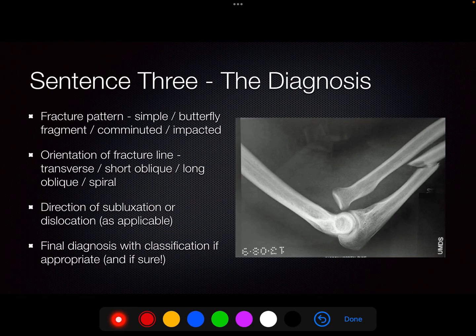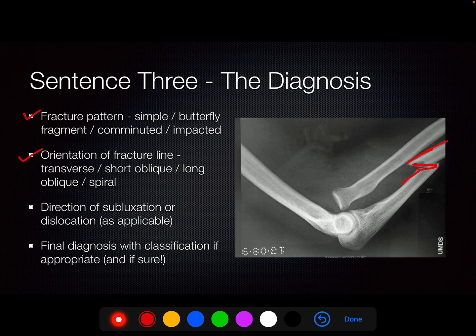And in your third and final line is where you will talk in detail about what you can see. So you will talk about the fracture pattern, which in this case is a short oblique fracture. You can talk about the orientation of the fracture line. You can also talk about whether the fracture is in one piece or in multiple.